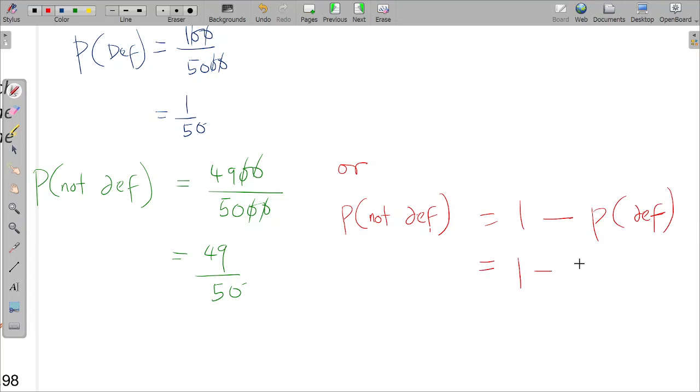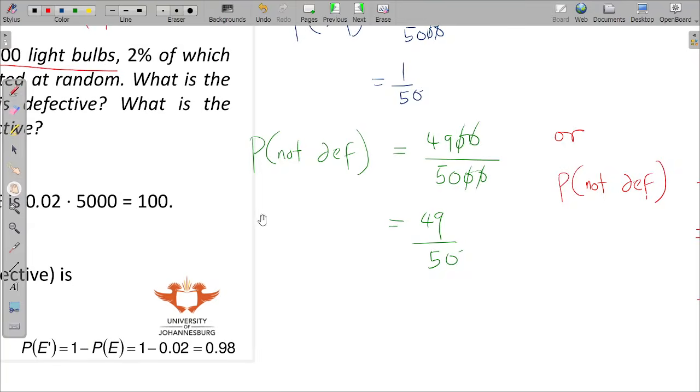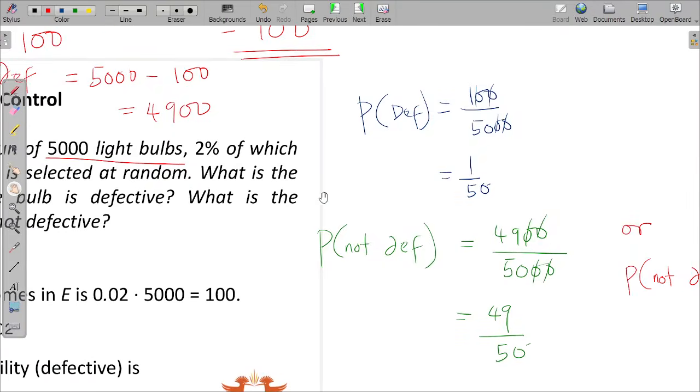So it will be 1 minus 1 over 50, which is 49 over 50. You can still use the number of not defective over the total, using our basic probability formula or definition. Is that okay? Please ensure you understand.